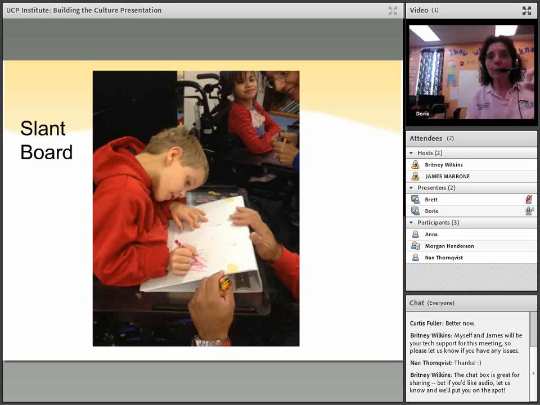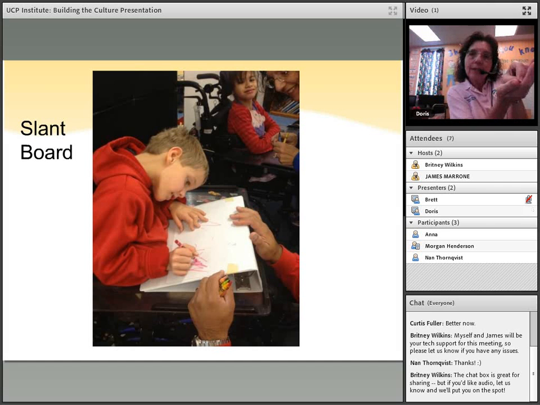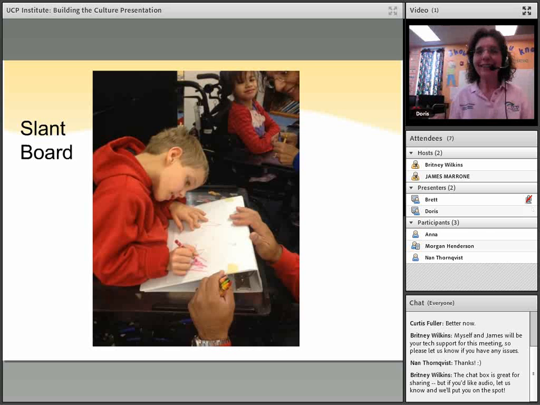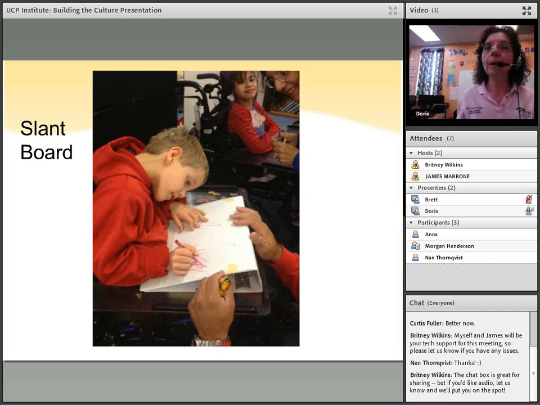I have a little boy right now, when he's writing, his entire hand covers what he's writing, so he doesn't see the line at all. And so I gave him a slant board, and he was very thankful. And his mom, who's also a left-hand writer, came in and said, I use a slant board all the time. I just propped it up under a book. She said, I never even realized that that was helping my left-hand write.